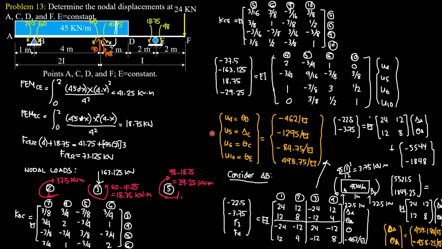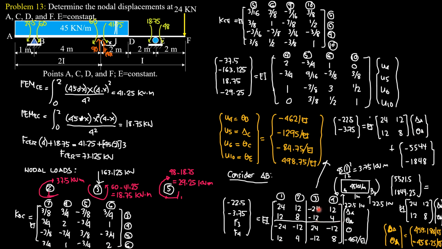The stiffness of member AB is 12 times 2, 24, divided by 1 cubed, so 24. 6 times EI, 12 divided by 1 squared, so 12, and the rest you can verify these values on the cells.